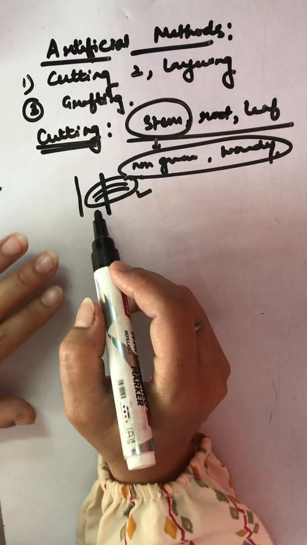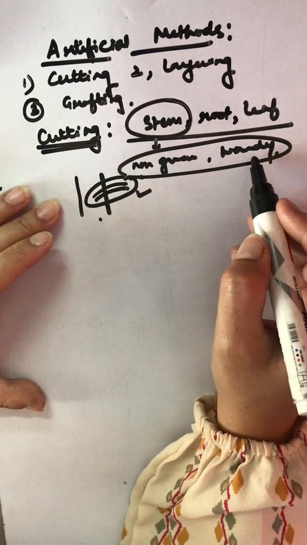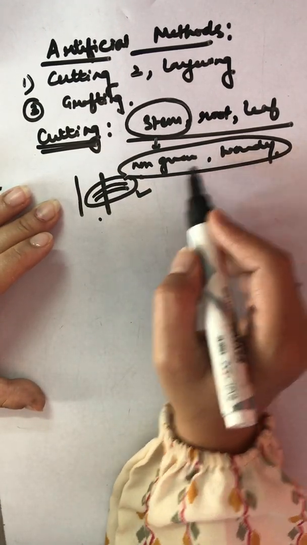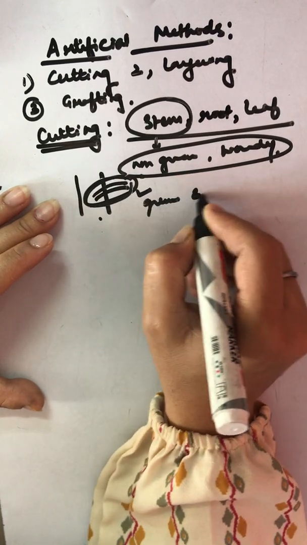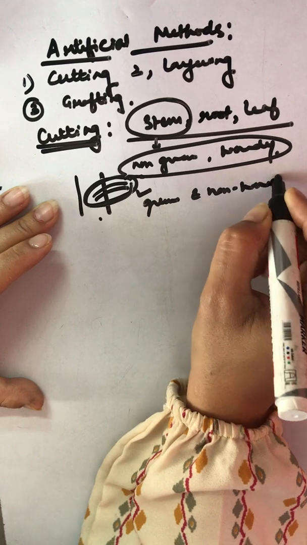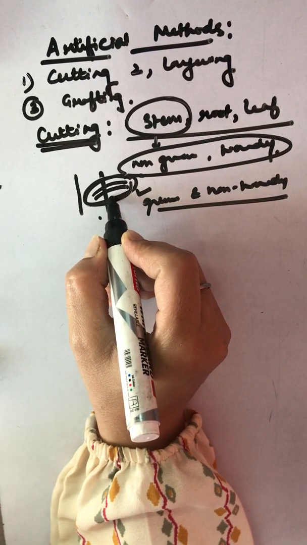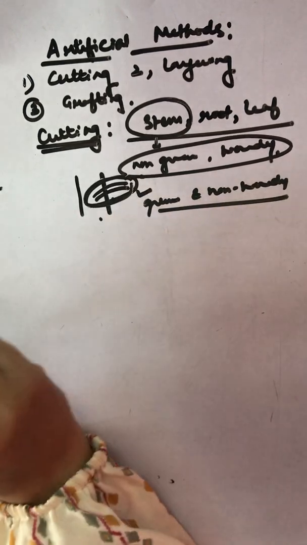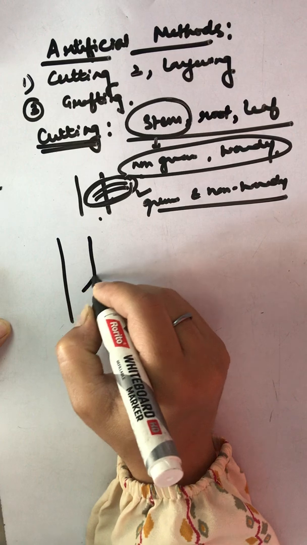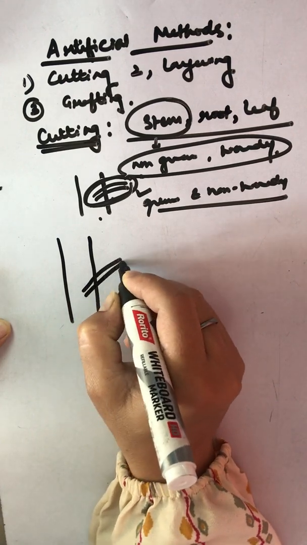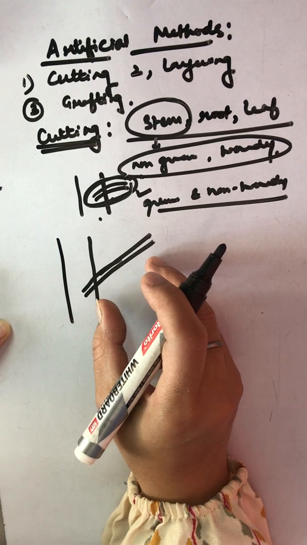So here the main stalk region, or the main part of the plant, is always woody and non-green, and the branch that we use for cultivation is always green and non-woody. This region of the stem is always cultivated.